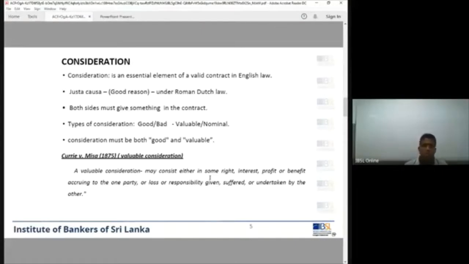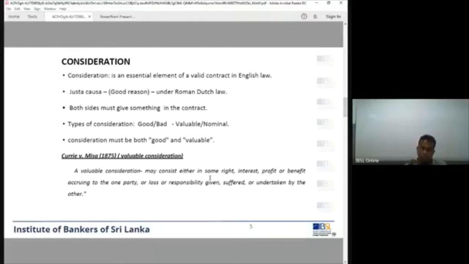Now, consideration is an element under English law. Consideration is an essential element of a valid contract in English law. So first of all, when you have an issue in contract law, you have to see whether the contract is governed by English law or common law, Roman Dutch law.